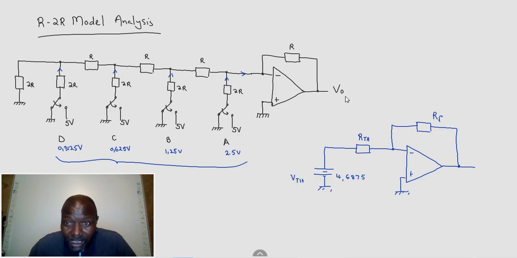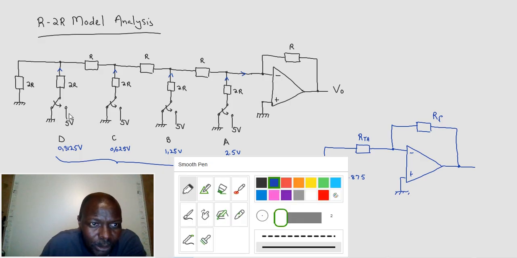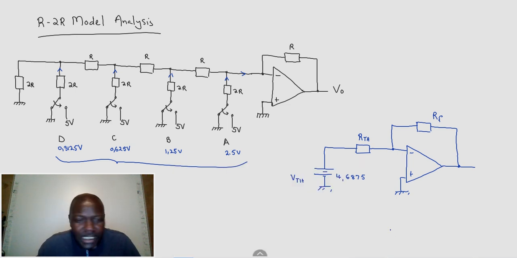So we need to work out R-Thevenin as well. How do you work out R-Thevenin? By shorting out the sources, replacing the sources with their equivalent resistances. We didn't mention any internal resistors.